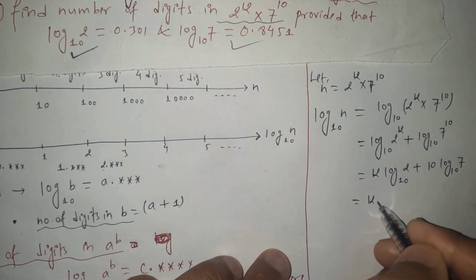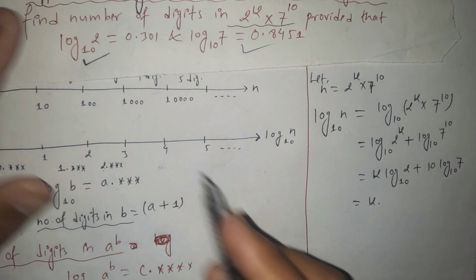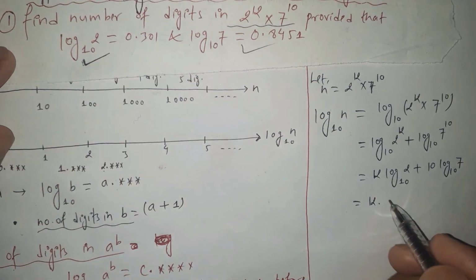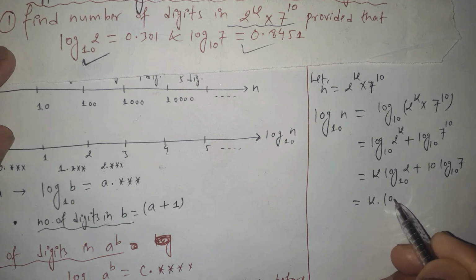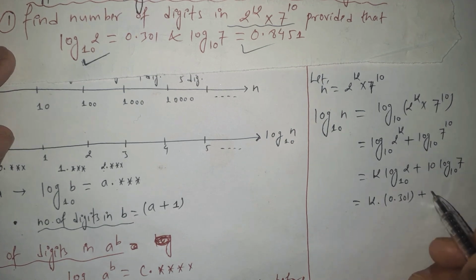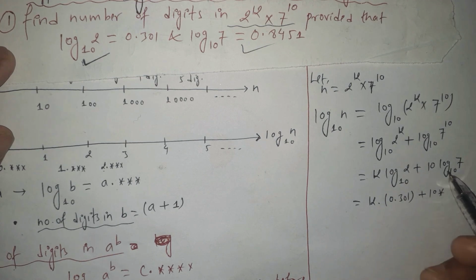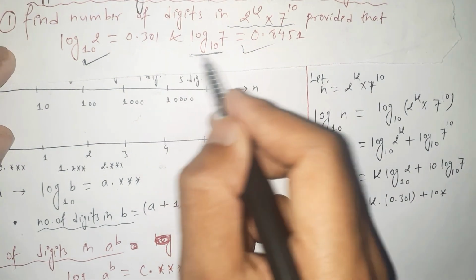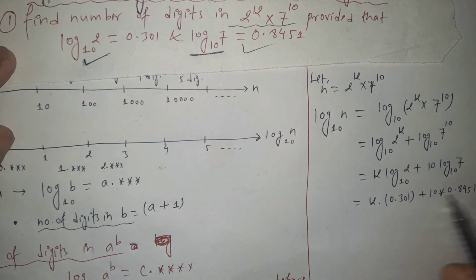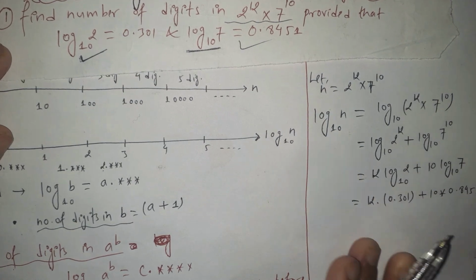The value of log of 2 with base 10 is given as 0.301, plus 10 times the log of 7 with base 10, which is given as 0.8451. Here we substitute the provided values.